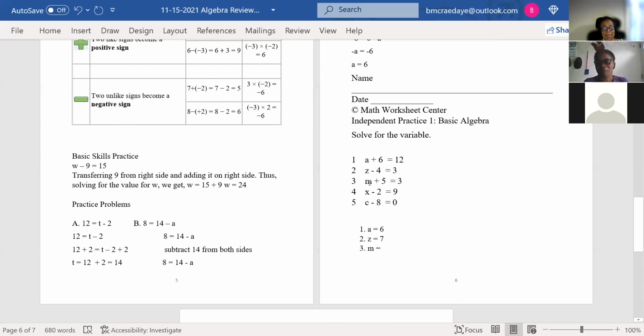Remember, you're adding M to 5 to get 3. So what does that tell you, Maureen? It tells you that if this number is smaller than 5, what you add has to be negative. So what's the answer?